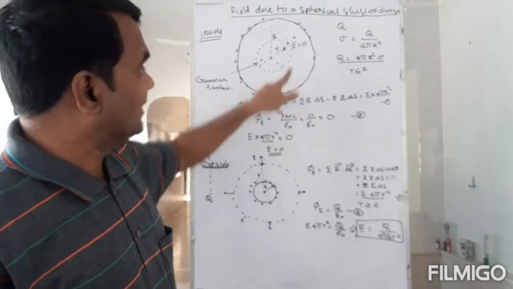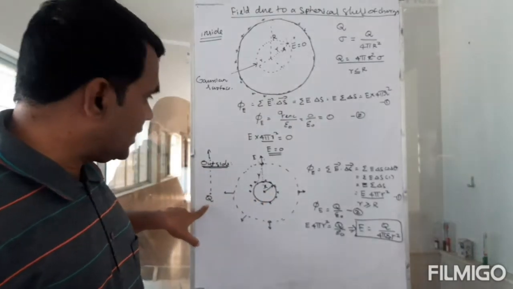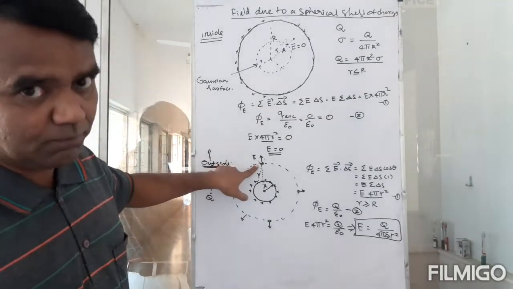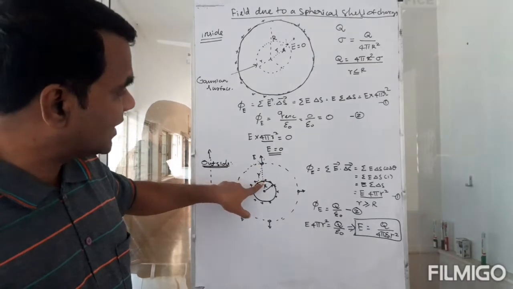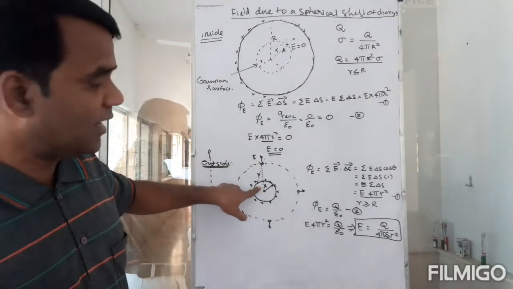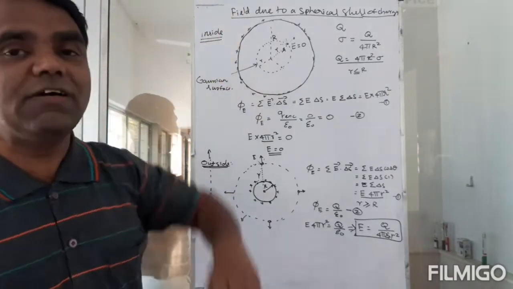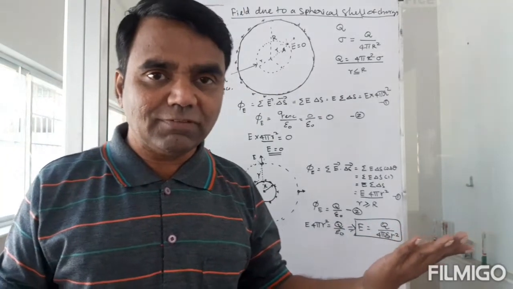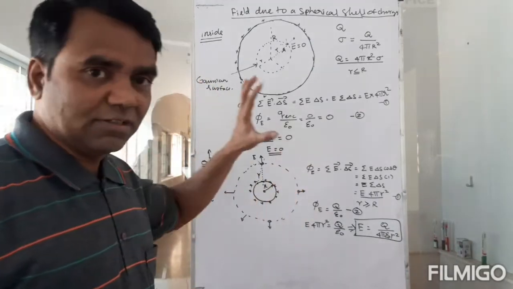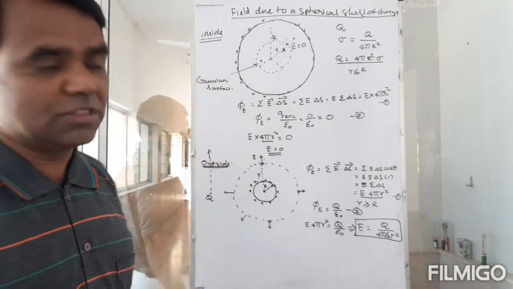It behaves like this only for points which lie outside the shell, not for points inside. For the points inside the shell, the E value is 0. So this is one application of Gauss's law.